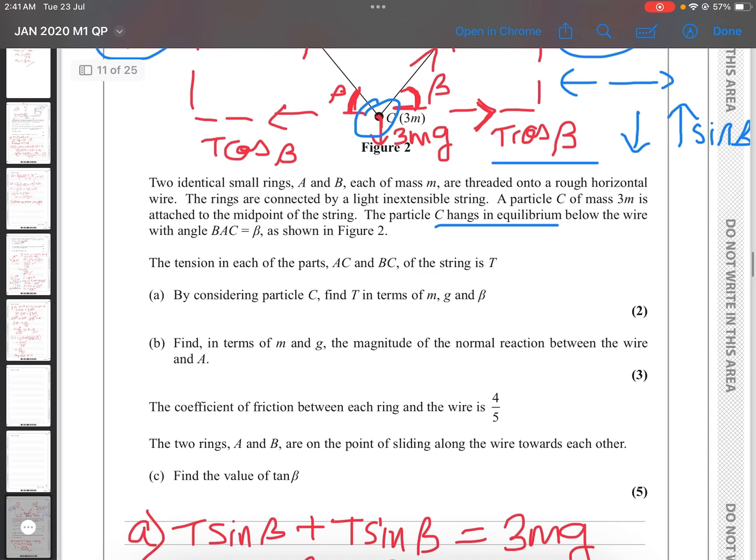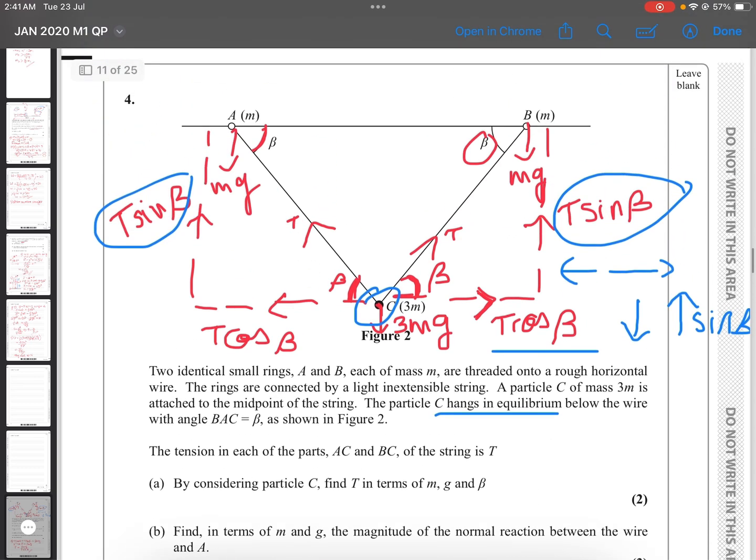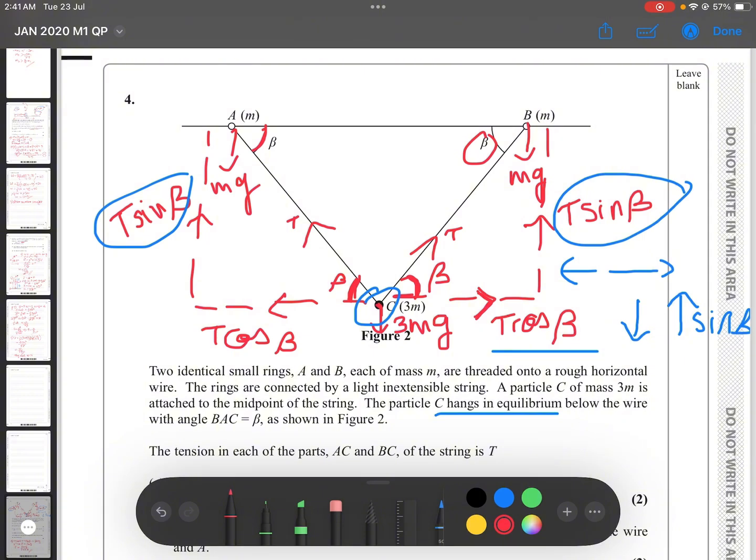Now part B says, find in terms of m and g the magnitude of the normal reaction between the wire and A. So at A, as it is attached to something, on a rough horizontal wire, there is going to be a normal reaction force acting vertically upwards on this as well, okay?